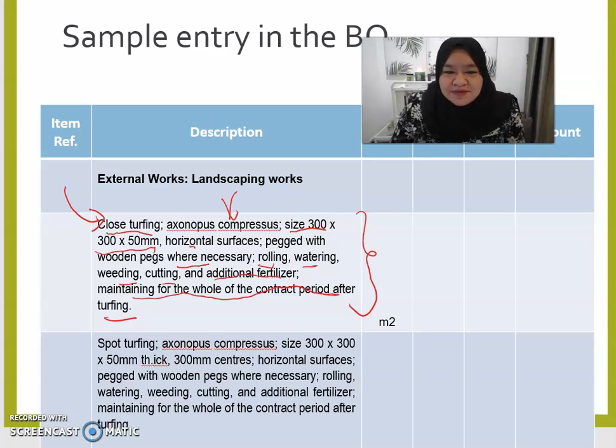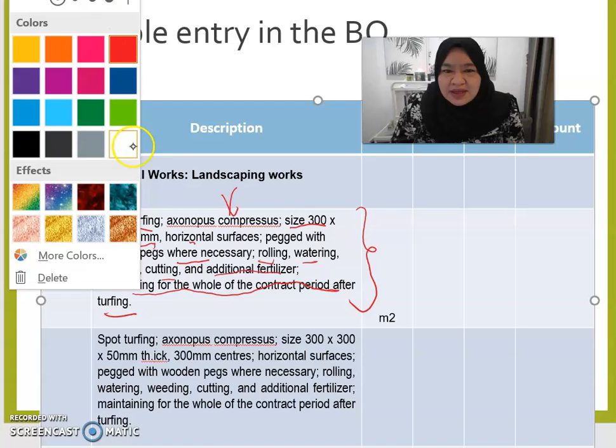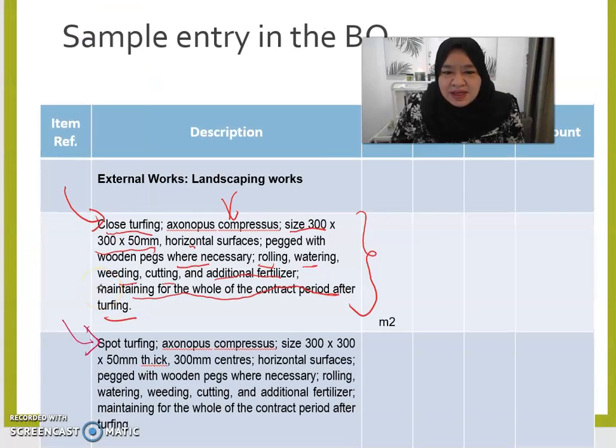Okay, for the spot turfing, here we have spot turfing, for example. For the spot turfing, we have item for spot turfing, and then the scientific name, the size per supply. Okay, normally the turf will be supplied in these sizes.